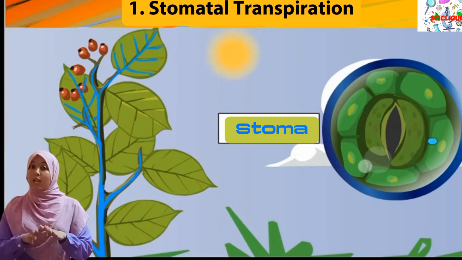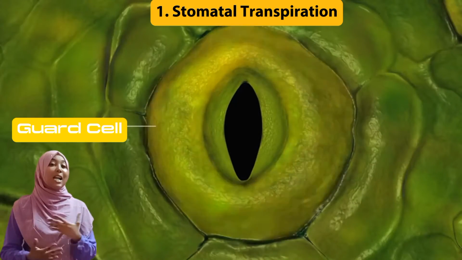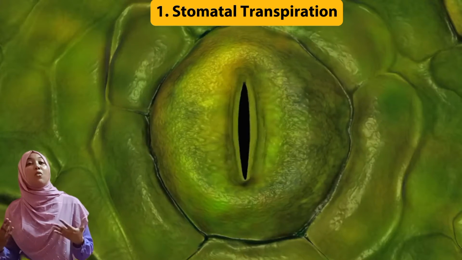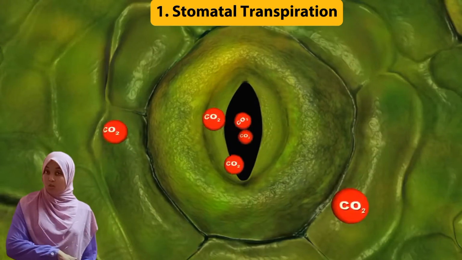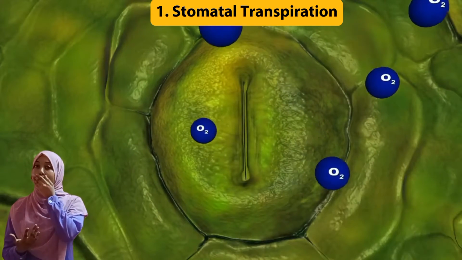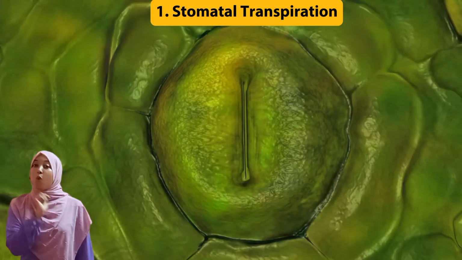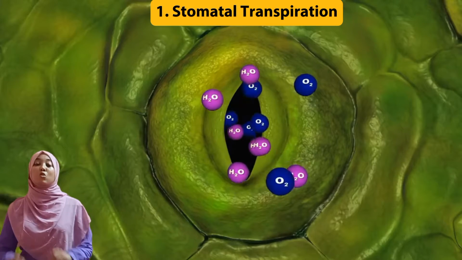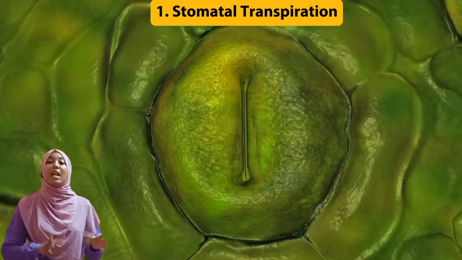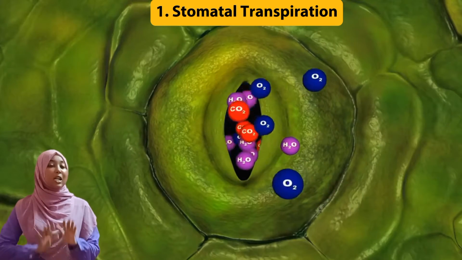The reason why they open during the day is so that they can allow gaseous exchange to take place. So simply put, they allow diffusion of carbon dioxide into the plants so that the plants can then carry out photosynthesis. But when stomata are open, they also allow water vapor to be lost from the plant into the surrounding, and this is where transpiration comes in.